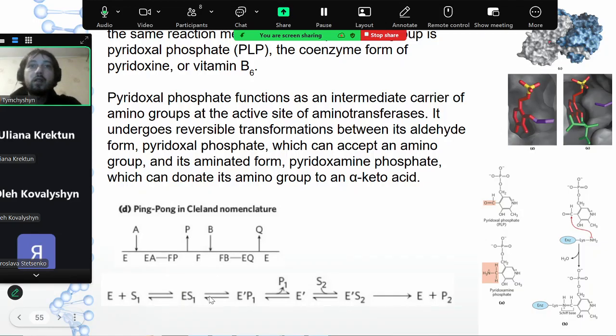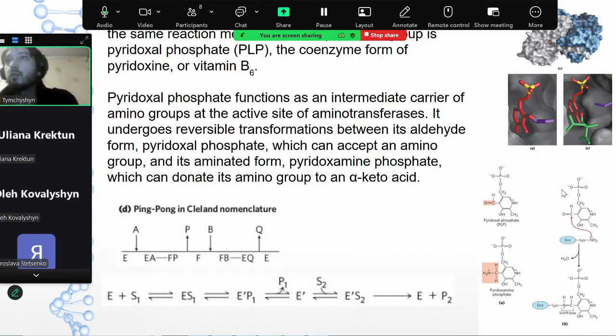They create that sort of enzyme-substrate complex. The reaction goes, you have product 1, but now the enzyme is modified, so that's enzyme prime, a primed enzyme, so it has changed somehow. And this primed enzyme may interact with substrate 2, that leads to recovery of the initial state of the enzyme and generation of the product 2.